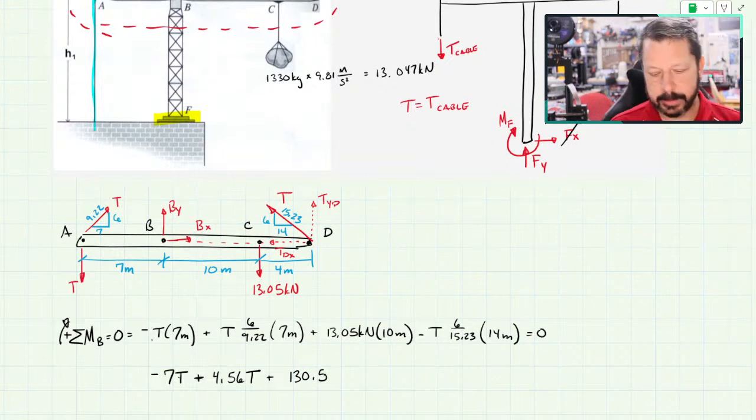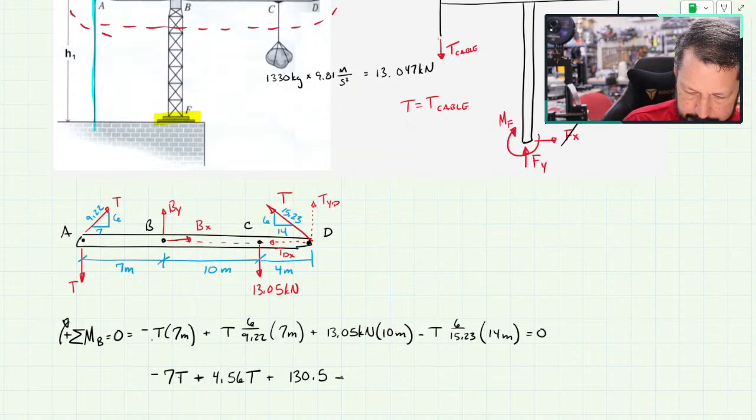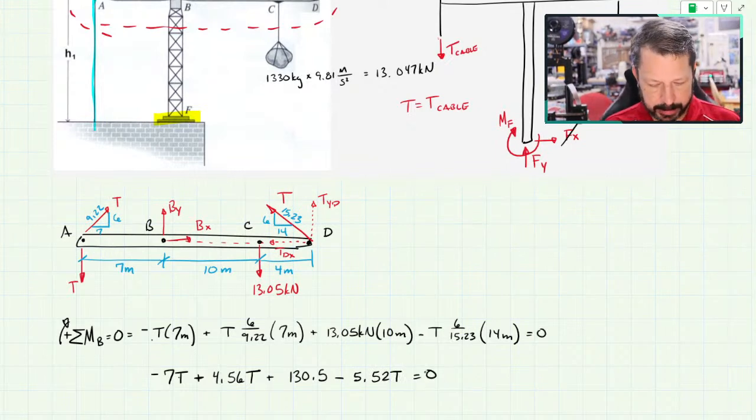That's actually kilonewton meters, minus 6 times 14 divided by 15.23, 5.52T equals 0. So now I've got all these T values.